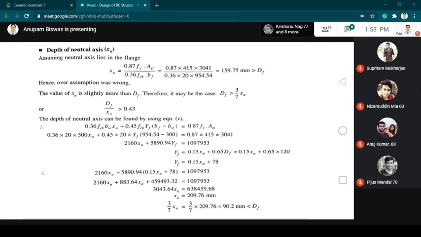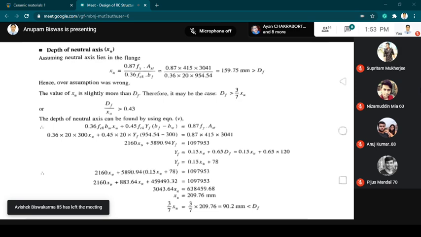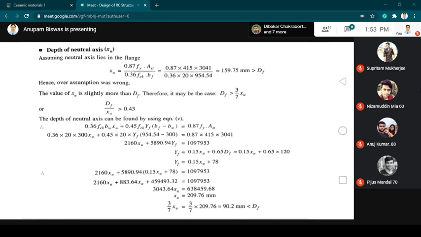Okay, we have seen how yf is determined. It is a factor that you can find in para G 2.2.1 of IS code. And the value of yf is how much? 0.15 xu plus 0.65 Df, but should not be greater than Df. So, putting all these values, we can determine the unknown, that is xu.